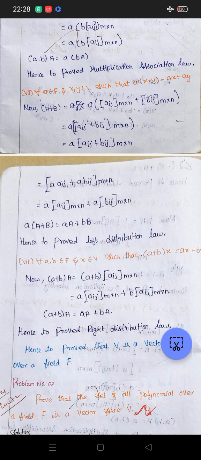You can multiply with the scalar: a into aij plus a into bij of m cross n. You can split these two matrices: a into aij of m cross n plus a into bij of m cross n. So we get small a of (A plus B), that means the scalar into A plus B is equal to small a into A plus small a into B. Hence we prove the left distribution law.